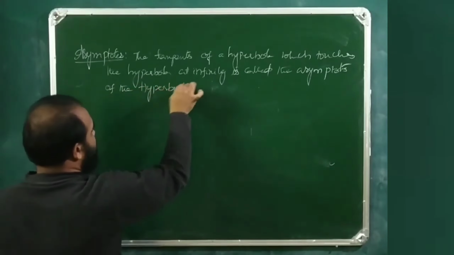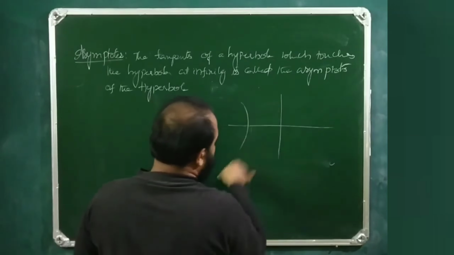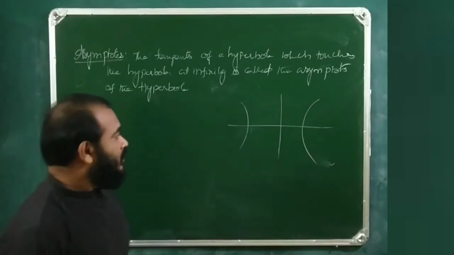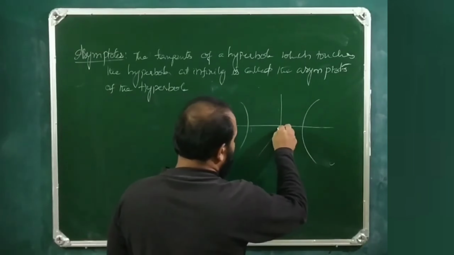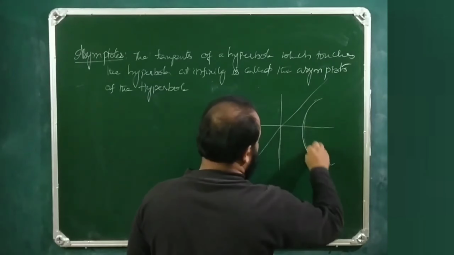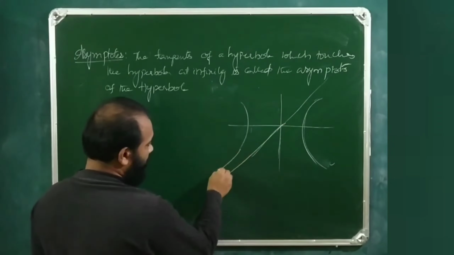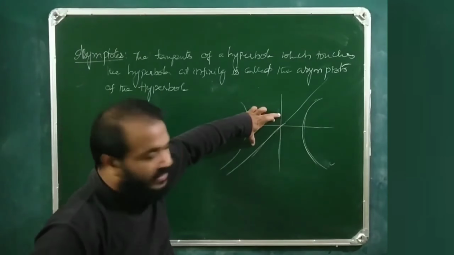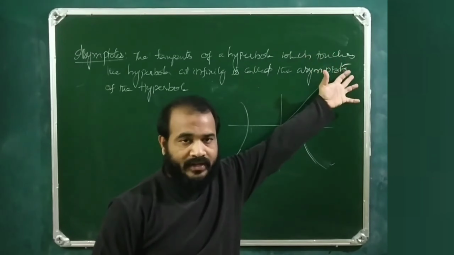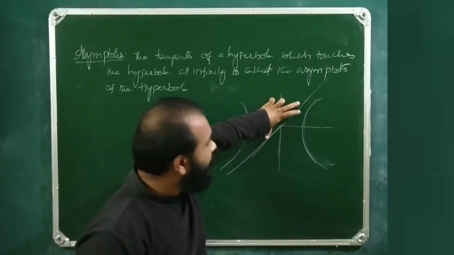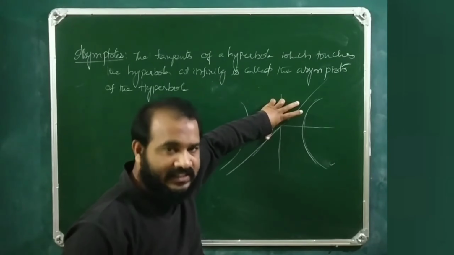That means, let us suppose that this is the hyperbola, and let us suppose that this is a tangent to the hyperbola. So this tangent touches this hyperbola at an infinite point. Then such a straight line is said to be the asymptote.